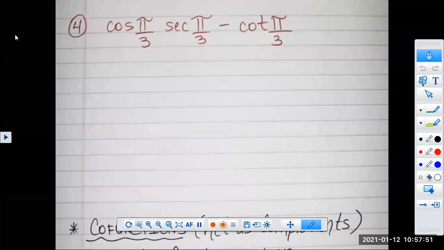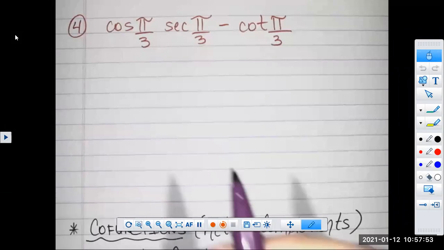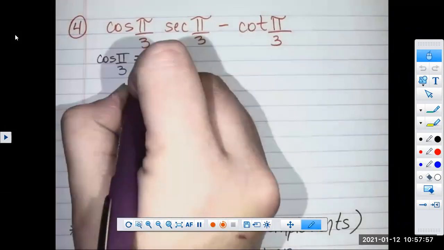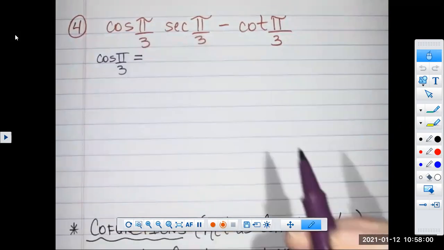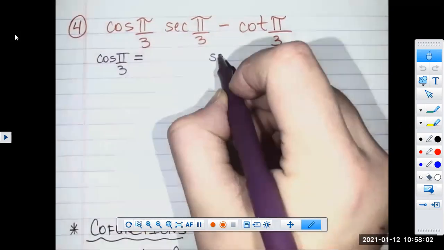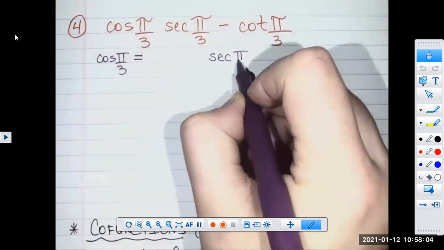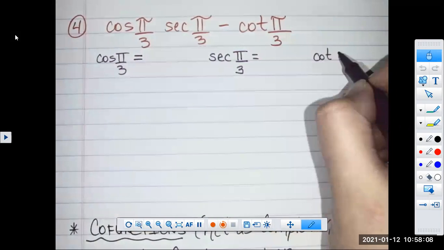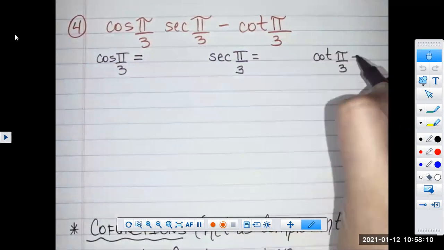Okay, what is the cosine of pi over 3? What angle is pi over 3?